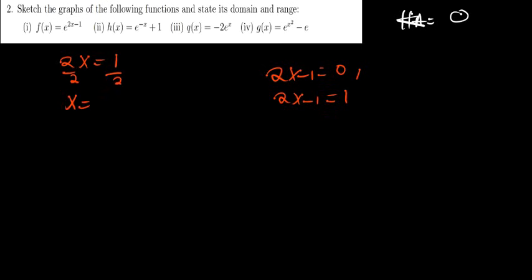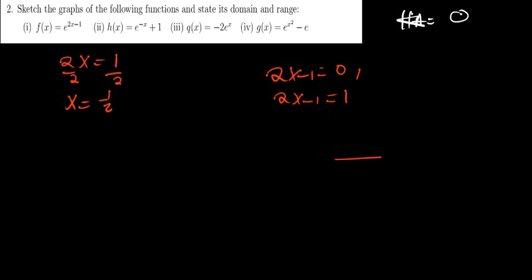Then after doing this, one thing we should be able to know again is that we are going to equate 2x minus 1 equal to 0, and 2x minus 1 equal to 1. So for x, if I shift 1 to the other side, 2x will be equal to 1, divided by 2, x will be equal to half.